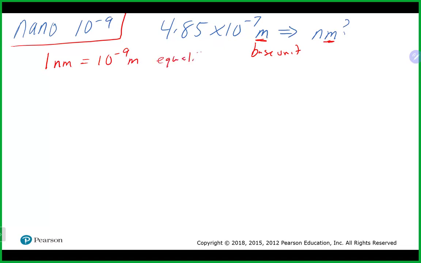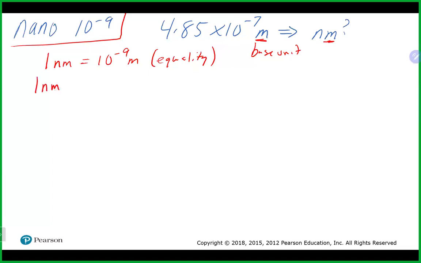Any questions on that there? And again, I can't tell you how many people will do that backwards, basically. Kind of put the 10 to the minus 9 in the wrong location. Obviously, any equality you ever come across here will give you basically two conversion factors that you could use. And those two conversion factors are just the fraction.